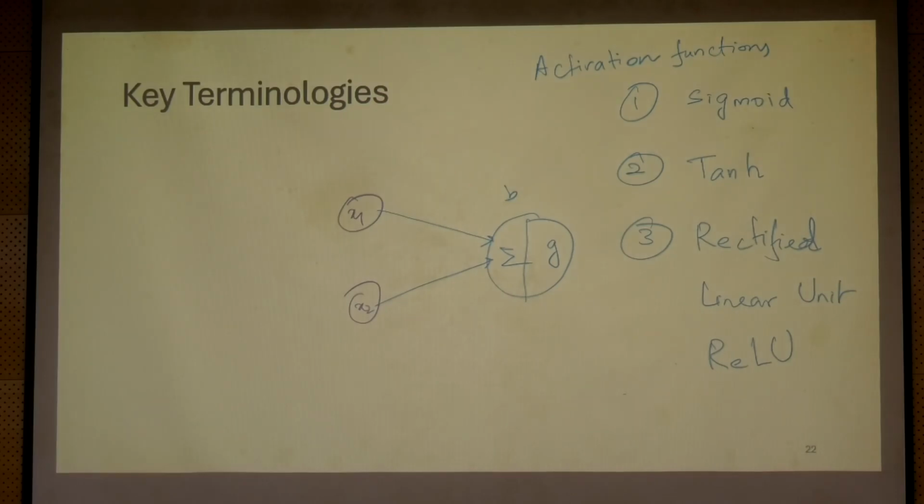If the input is positive, the output will just pass through as it is, right? So the rectified linear unit's output waveform will look like this. It will be 0 for all negative values of input, and the output is nothing but linear: the input itself will go as output if it is a positive non-zero value. Okay, so this is the wave shape of the rectified linear unit function.